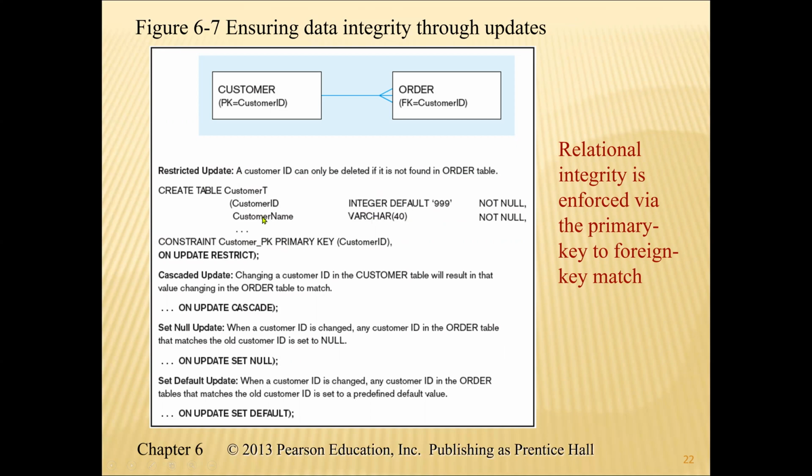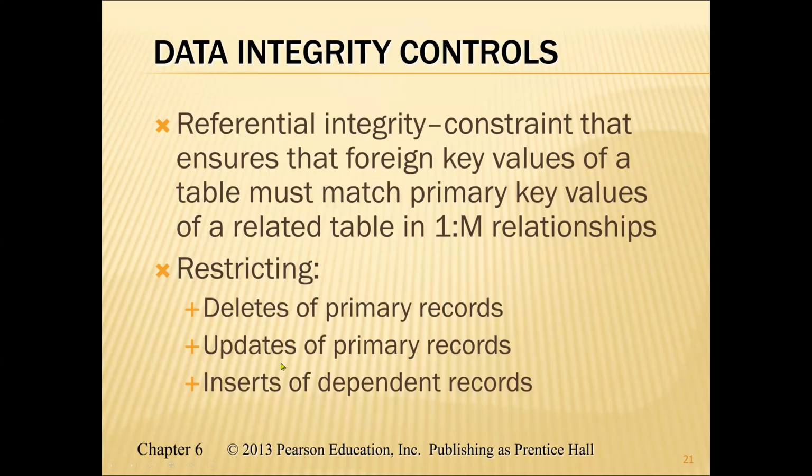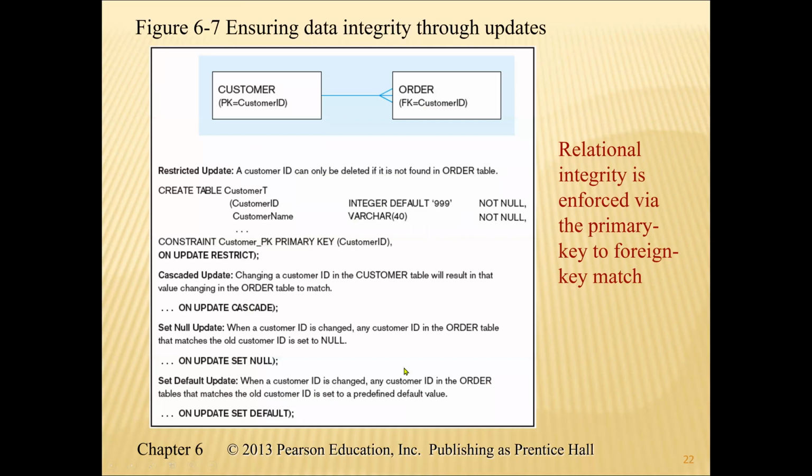This is just an example. Let's say we have these two fields. Now we create our primary key field as customer ID. Then we have ON UPDATE RESTRICT. So this is the main keyword here. We make sure that we are enforcing referential integrity, which gives us these rules. We cannot delete primary records, update primary records, or insert dependent records if there's a relationship.